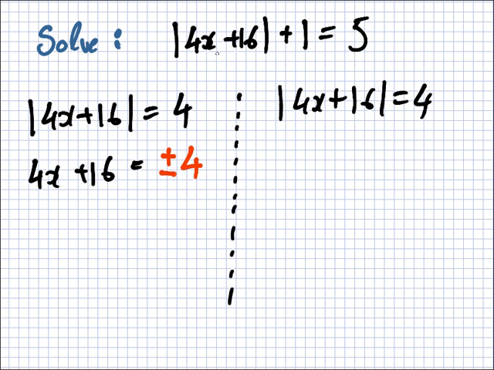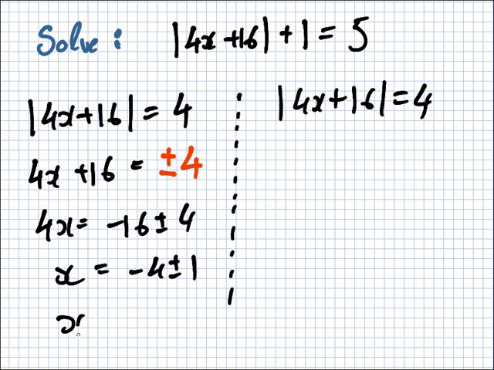You can say that this must have been 4, or it must have been minus 4. So that means 4x is minus 16 plus or minus 4. So x is minus 4 plus or minus 1. So x is minus 5 or minus 3.